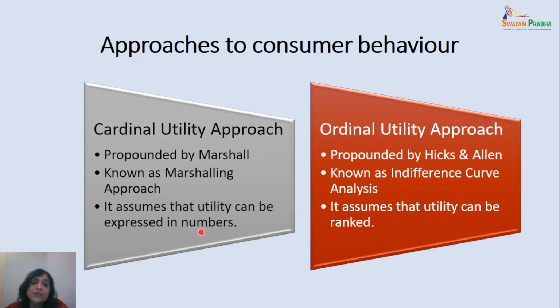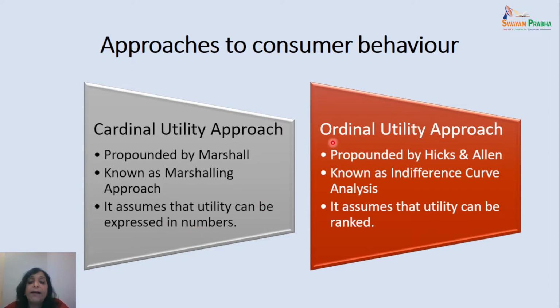That is, whatever a consumer is consuming, he can quantify in numbers whatever utility he gets by consumption of something. Of course, in this course of lectures, we will be defining what we mean by utility. But the cardinal approach is saying that utility can be expressed in numbers.